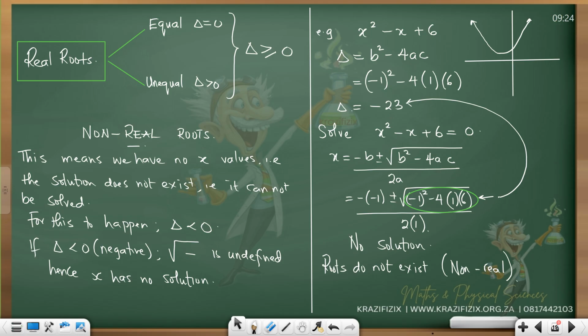I don't know if it makes sense to you. We now see that everything that is happening is controlled by what's underneath the square root. If it's a 0, we have the same answer. If it is positive, we have two different answers. If it is negative, then we have no answer at all.